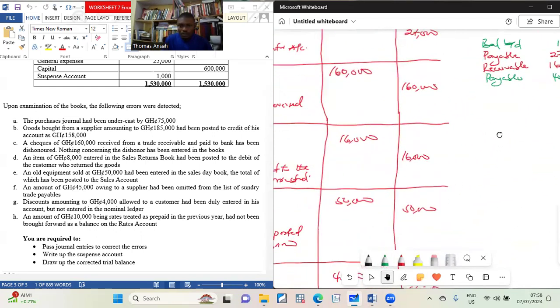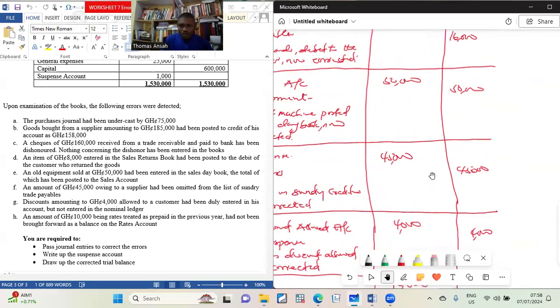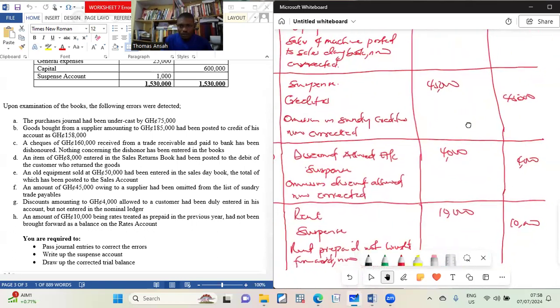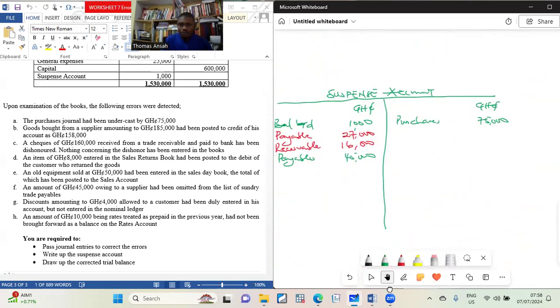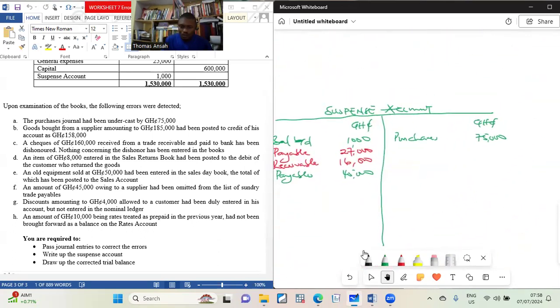Then suspense, discount allowed, credit 4,000.